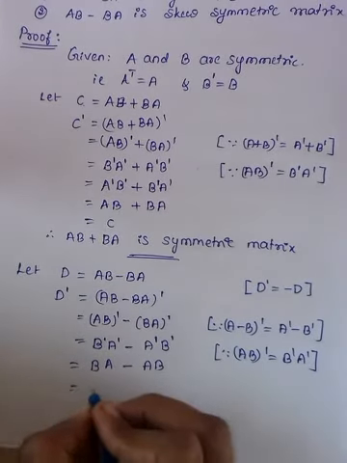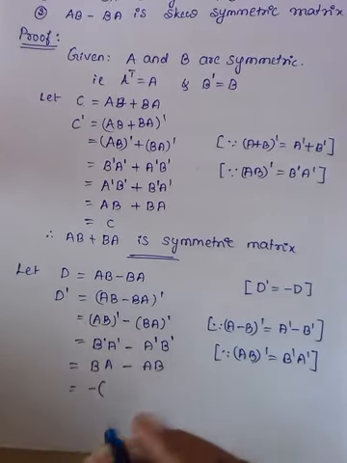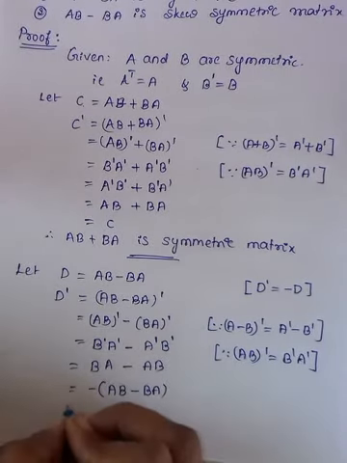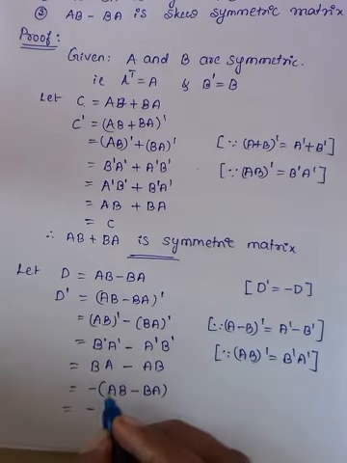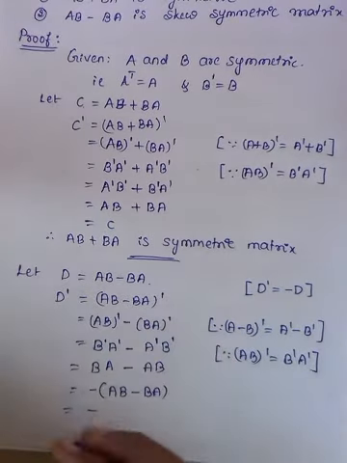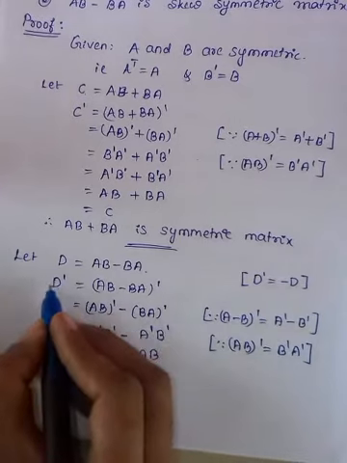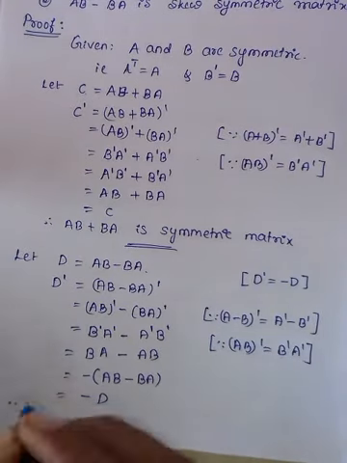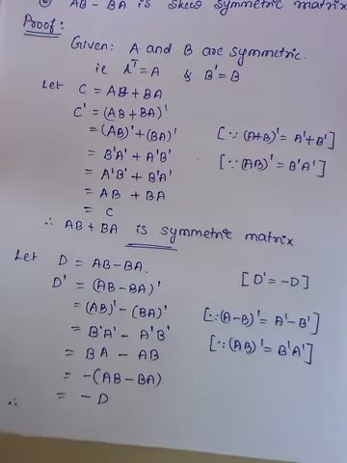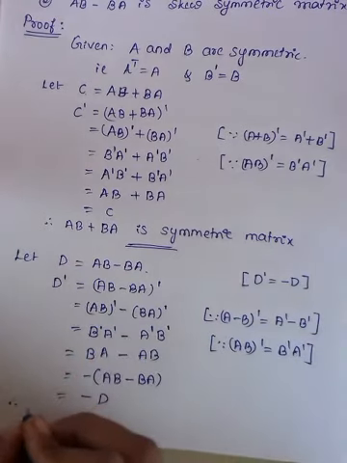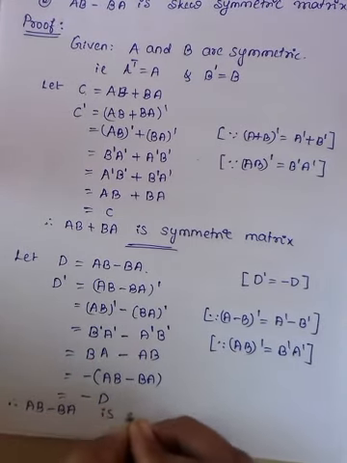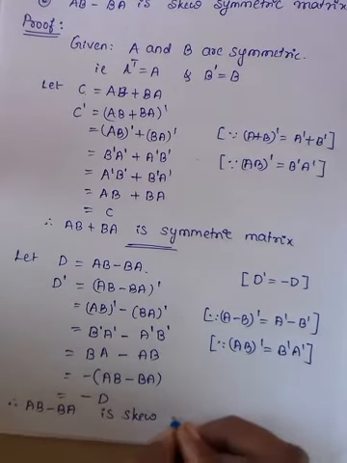Now take minus 1 as common: minus (AB minus BA), which is minus D. D transpose equals minus D. Therefore, D is a skew symmetric matrix. That is, AB minus BA is a skew symmetric matrix.